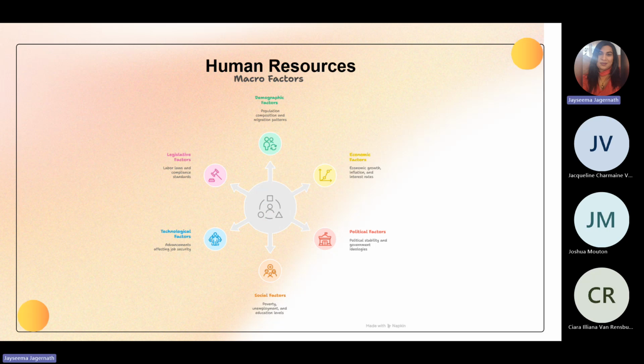So in a business, it's not just about going out and finding skill. There are numerous factors that are outside of the business's control that affect skill and affect the type of employees that you have. So we look at the macro factors that affect employees, and it's very much to do with your demographic factors.